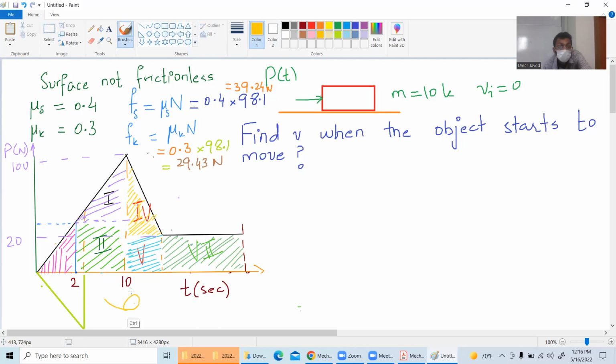Agreed or not? Are you following me? 100 corresponds to 10, 20 in this way. This corresponds to 39.24 Newton. And this happens at what time? 3.924 seconds. Okay.